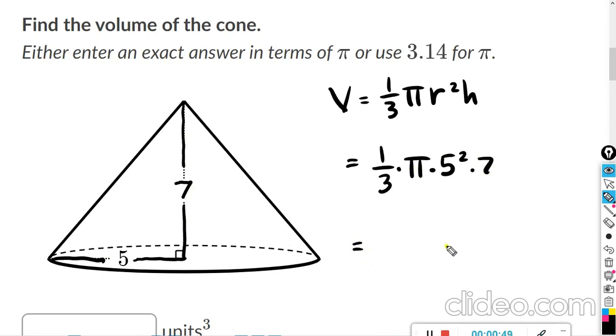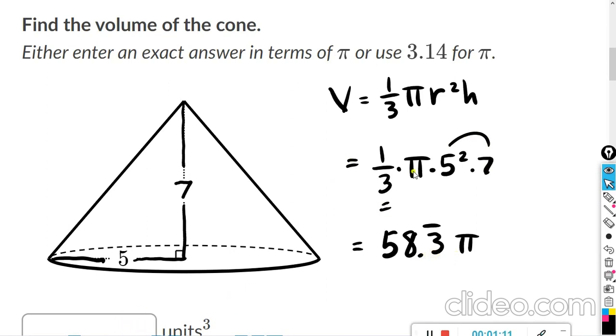Now, we said leave pi alone. On the calculator, I am going to do 5 squared times 7 divided by 3, and I get 58.3 repeating times pi. We cannot enter a repeating decimal in the box here.